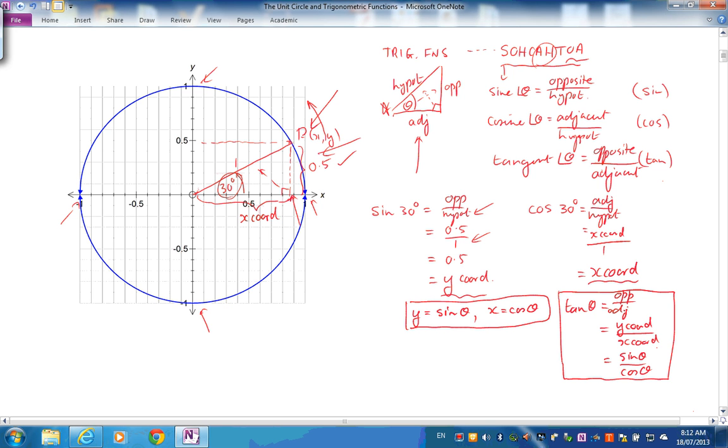Hey, this is developing quite nicely. Well, what else can we do? Oh, well, if we kept going, we could have 60 degrees, 90 degrees. Hey, that's where trigonometry stops, isn't it? Trigonometry is about right-angled triangles.